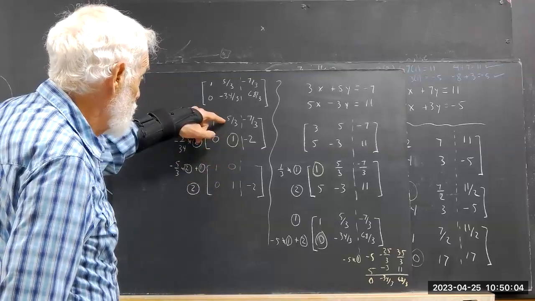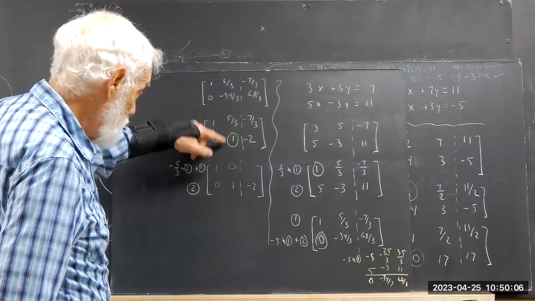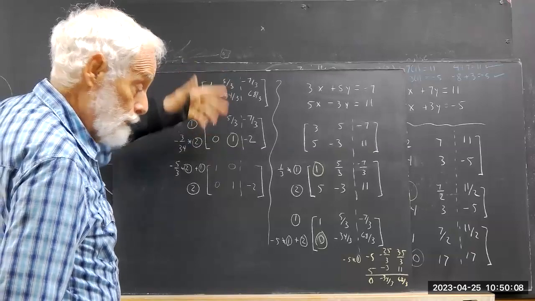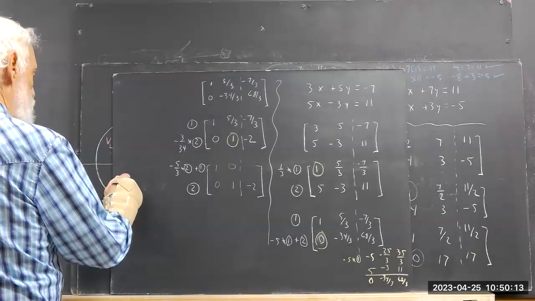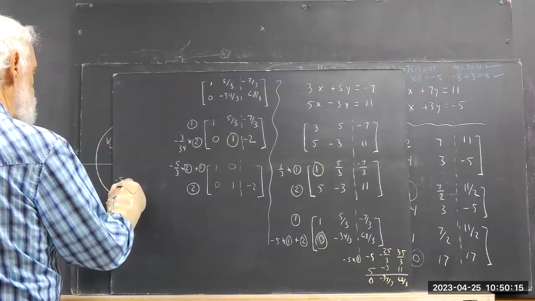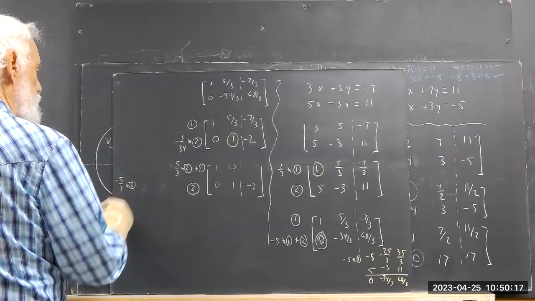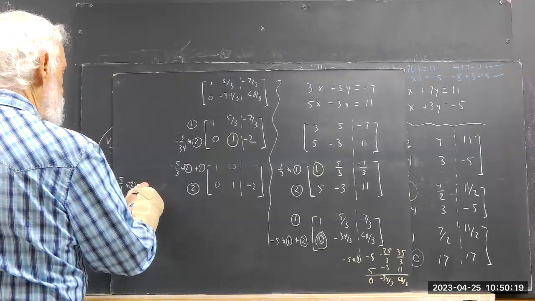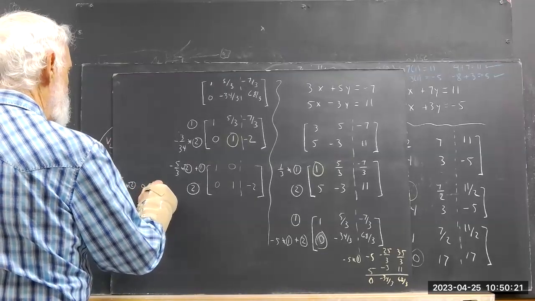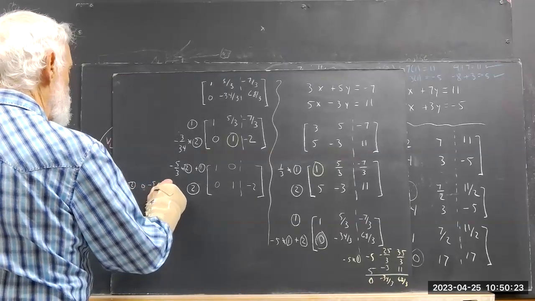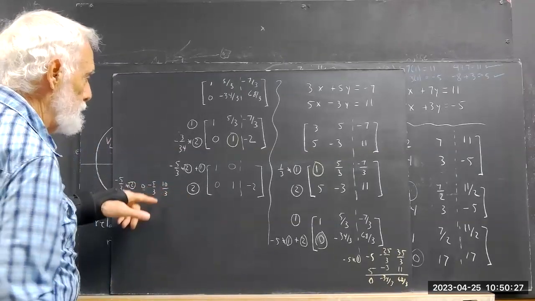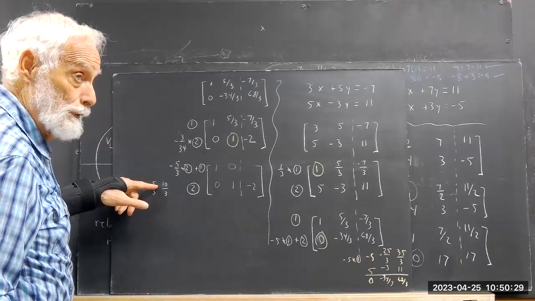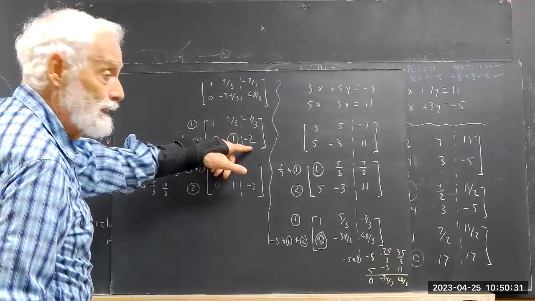That's going to give us a 0 here, because -5/3 times 1 and 5/3 gives us 0. So let's write -5/3 times row 2, which would be 0, -5/3, 10/3. You didn't have a mistake on that. You got a -10/3. That's -2, right?